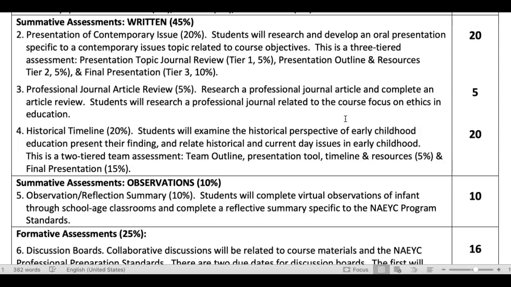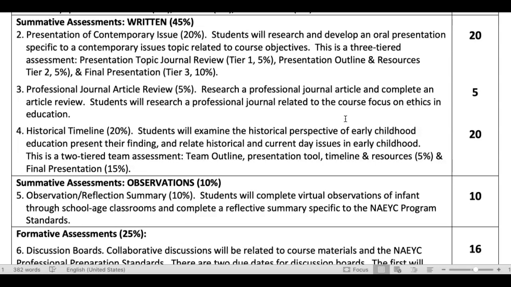Another tiered assignment, which is also a team project, is your historical timeline. In this case, you will examine the historical perspective of early childhood education, and you'll be working with a team member. Again, it's a 2-tiered assignment. The initial submission will be your outline, the choice of your presentation tool, and then several components of your timeline and resources.